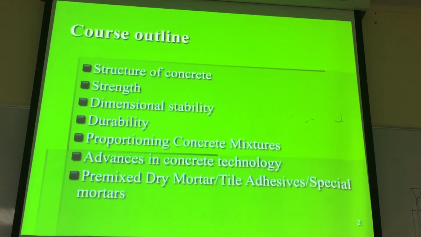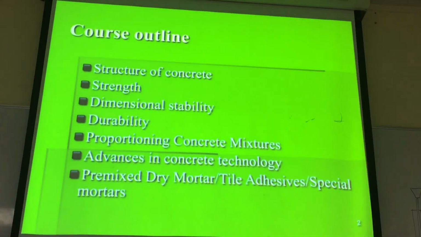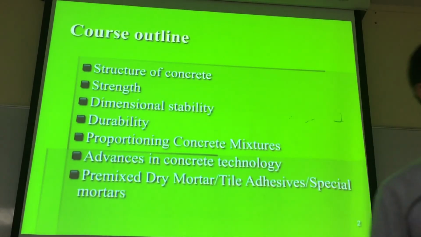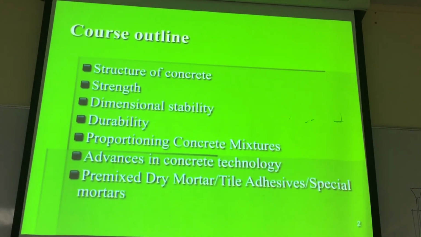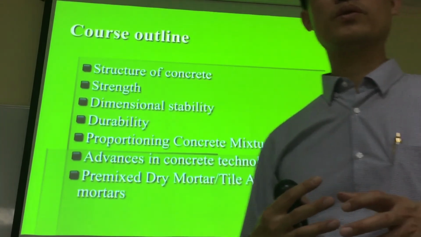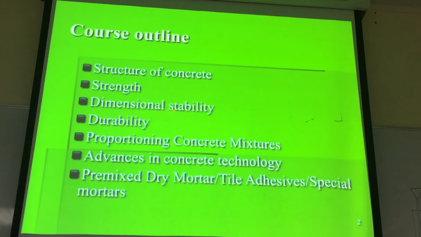Dimensional stability, we talk about like shrinkage. No change after the casting. We need the concrete to be stable in terms of the dimension, but our concrete always changes according to temperature, according to moisture, according to heat, and so on. Okay, we talk about this dimensional stability.